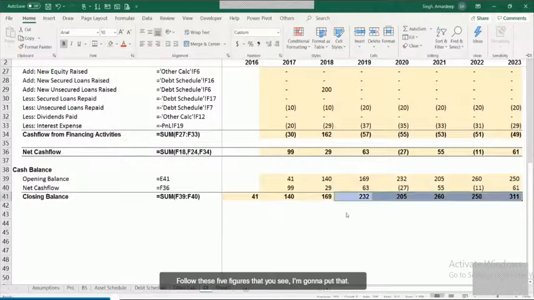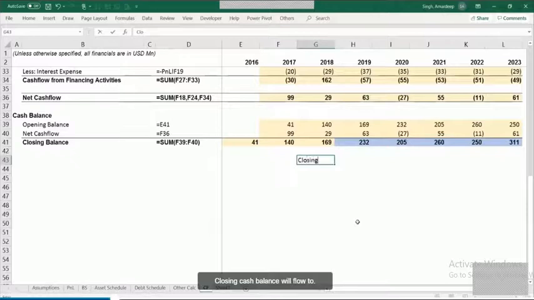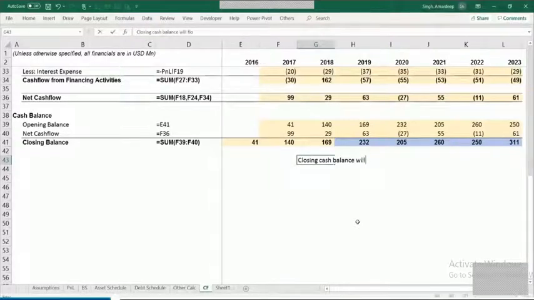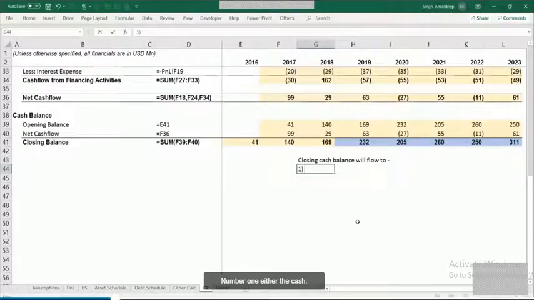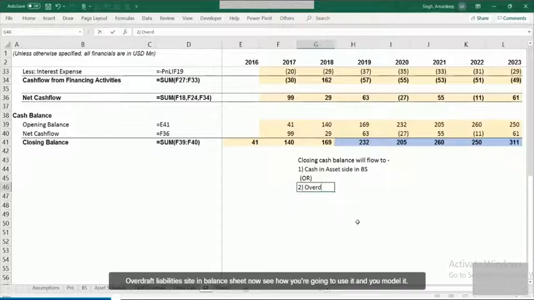These five figures, the closing cash balance, will flow to either the cash in the asset side in the balance sheet, or it will flow to the overdraft in the liabilities side in the balance sheet.